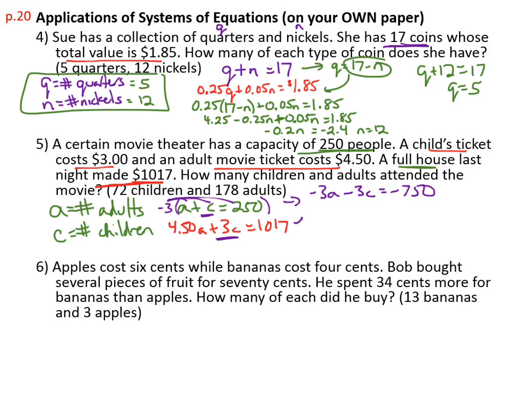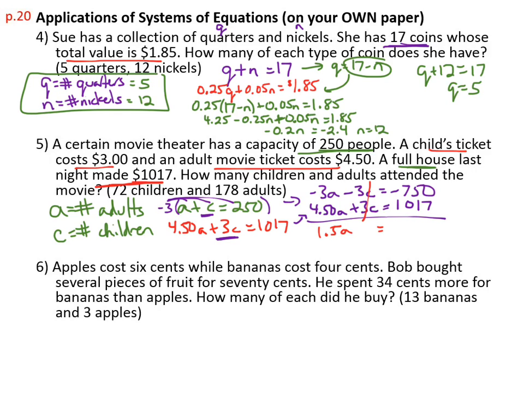And then bringing my second equation over, we have our 450A plus 3C is equal to 1,017. So now when I go to eliminate my -3C and positive 3C, they're gone. Then combining my -3A with the positive 450A, that leaves me with 1.5A.